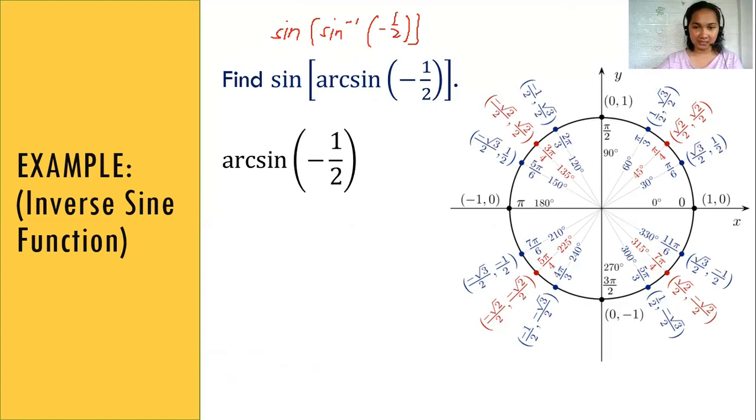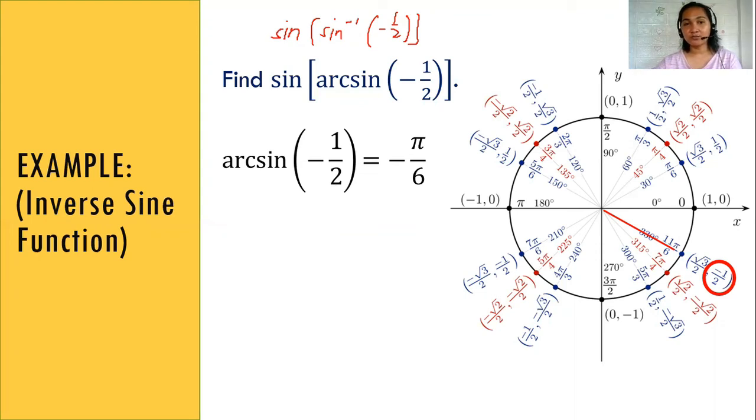Looking again at this unit circle, we'll have 11π/6, or if you get the negative angle, we'll have -π/6. We get the negative coterminal angle of this value.